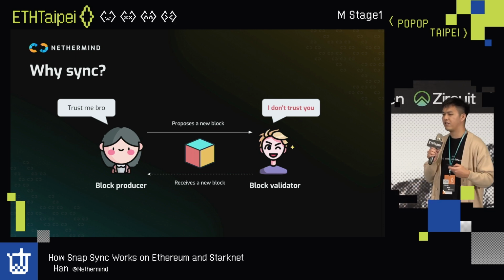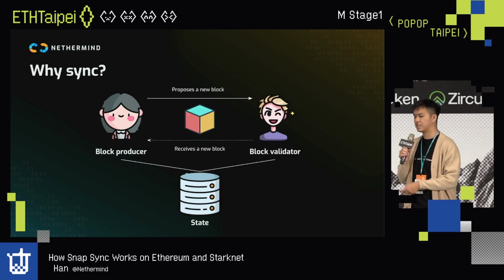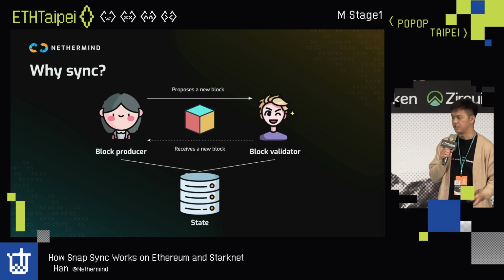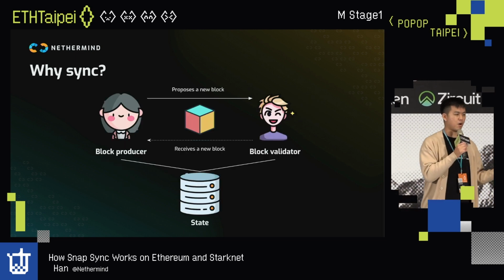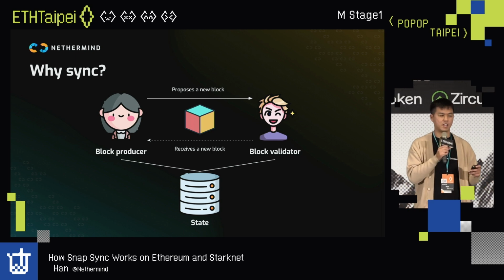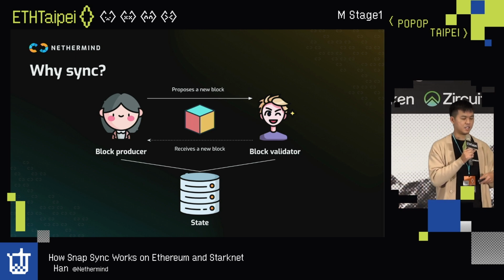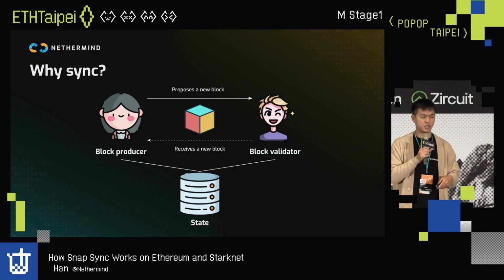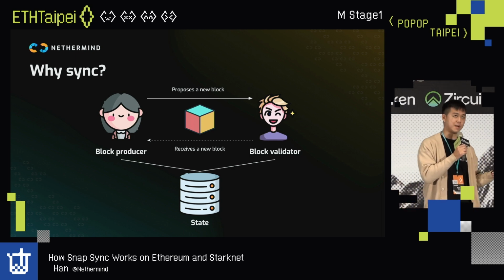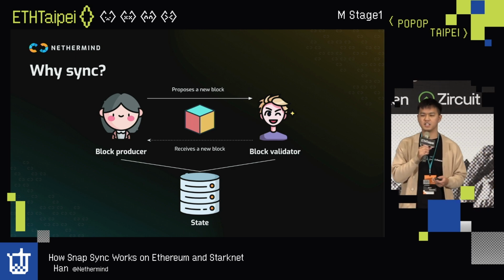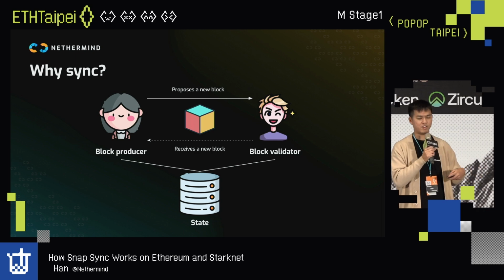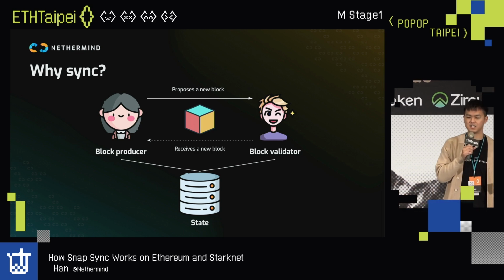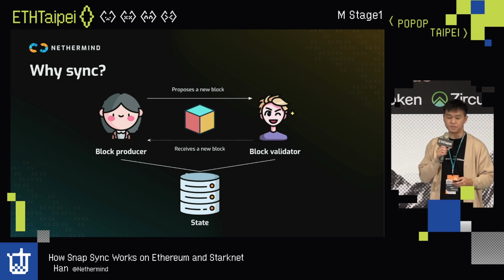That's where you have to verify if the block is correct or not. In order to verify if a block is correct, you basically have to introduce something called a state. Both the block producer and the block validator have to have the right state and also the latest one. For example, the block producer needs the latest state in order to produce the right results, and the block validator needs the latest state in order to validate that this is correct.